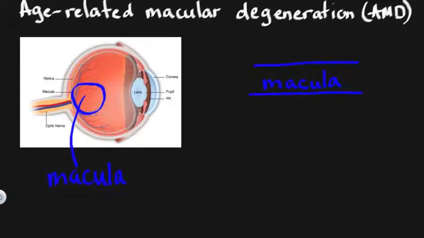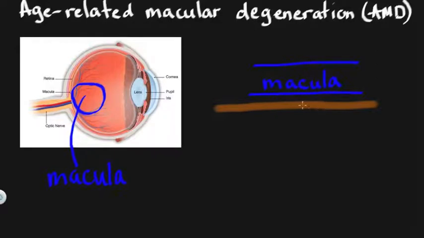And then that layer sits on top of another layer called the retinal pigment epithelium. For the purpose of this video, we'll just call this the pigment layer. The pigment layer can be thought of as the soil for the grass, or the garden that is the macula.